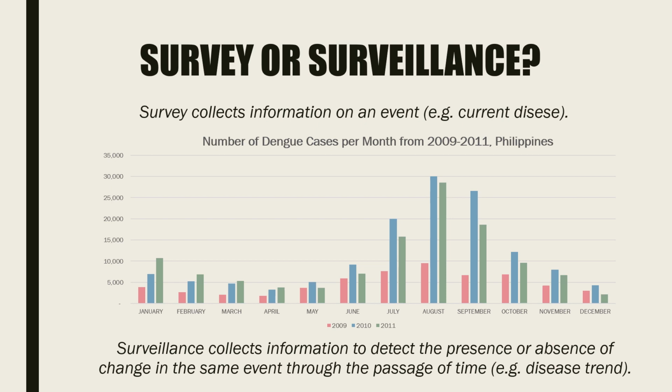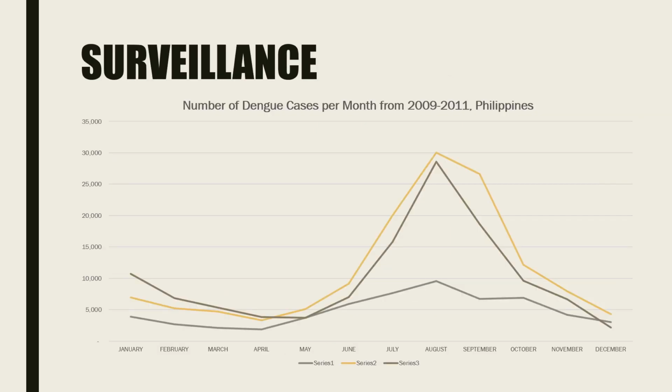Okay? So this would be the number of dengue cases per month from 2009 to 2011. And it would be enough for you to analyze and interpret the data. So this is another form of surveillance. Number of dengue cases per month in the Philippines.